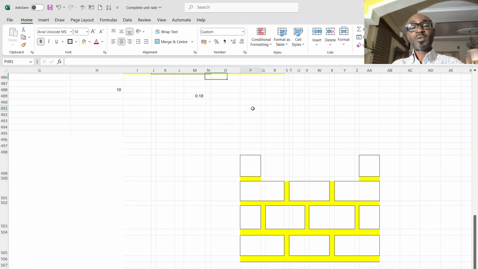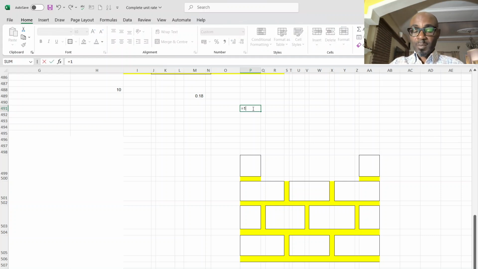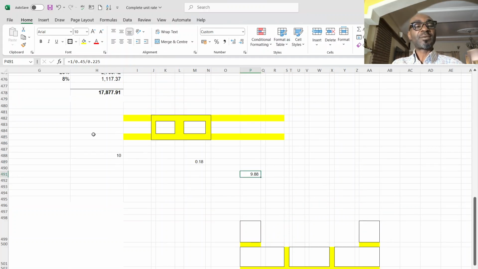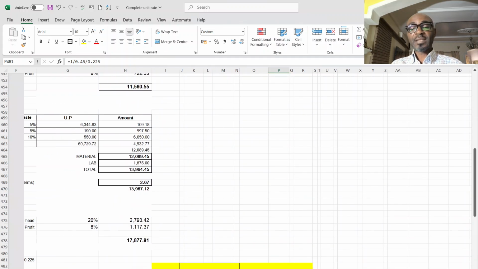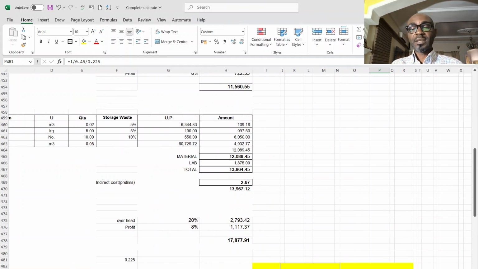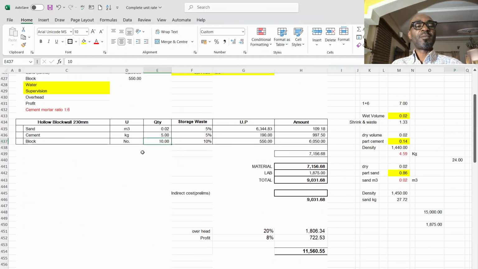To get the number of blocks, you divide 1 by 0.45, which is the length of the block, by the height of the block, which is 0.225. It gives you 9.88, so you round it up to 10. That is why it's referred to as 10 blocks. As you can see, I have 10 blocks here.